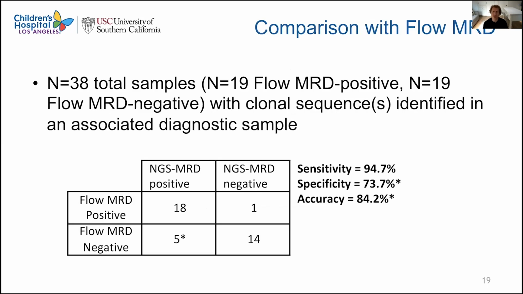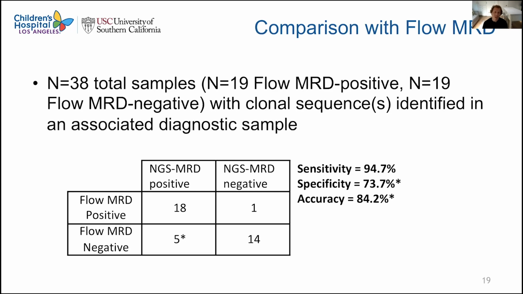So we did a comparison with specimens that were tested in our clinical flow lab for MRD, and we had 38 total specimens. There were 19 flow MRD positive specimens and 19 flow MRD negatives, where they had a clonal sequence or clonal sequences identified in the associated diagnostic sample. And doing that, we assembled the 2x2 table that you see at the bottom there.